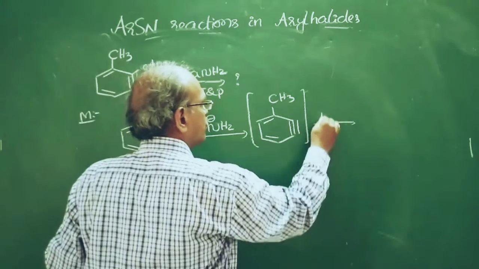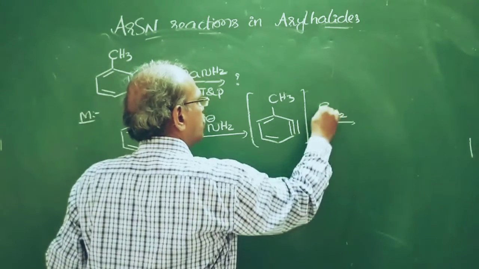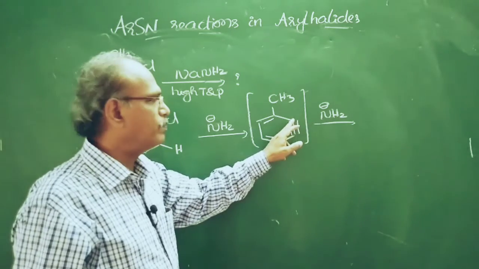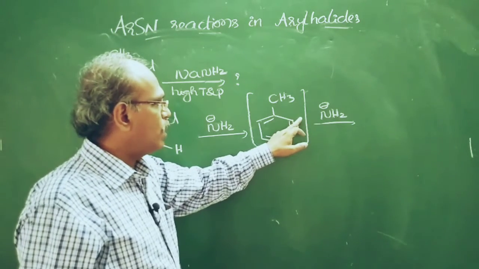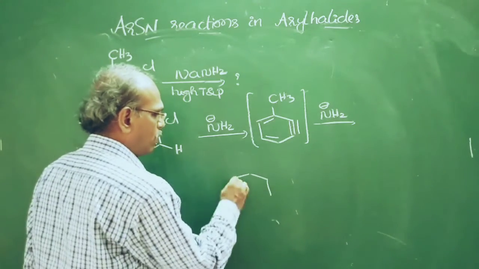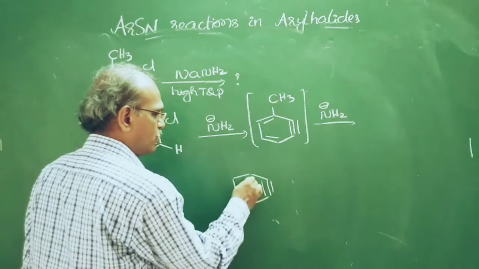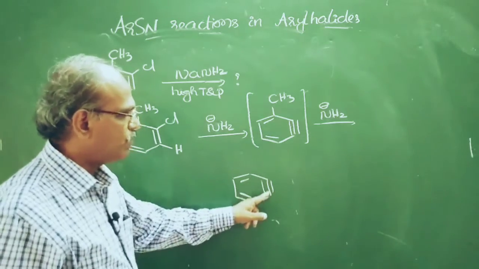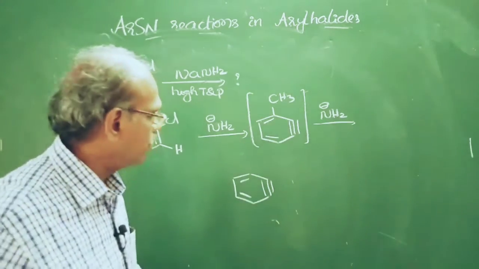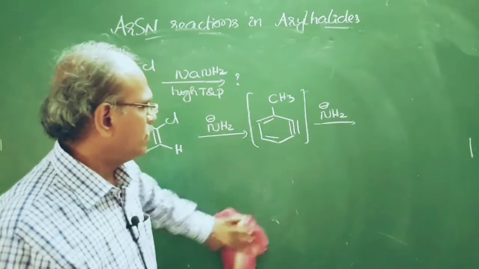Next question is, what is the position at which NH2 minus is to be added? See, to the upper carbon or the lower carbon. In the previous example, that is simple benzyne, the two positions are identical, but here the two positions are different. Okay, how do you decide?